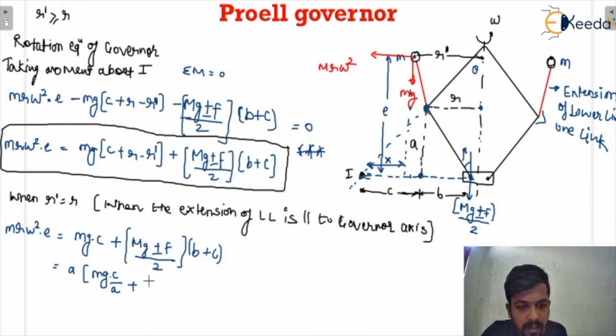So that is a, plus mg plus minus f by 2, that would be b by a plus c by a.